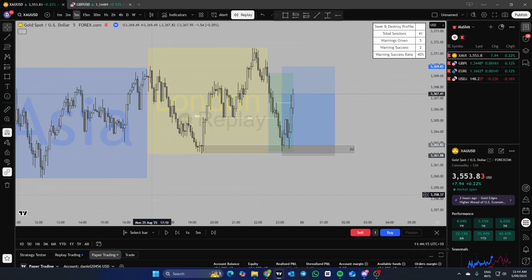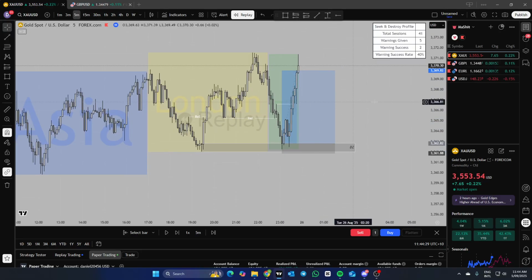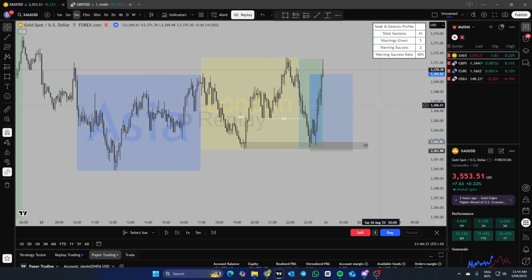And it just ended up playing out really nice. As you can see, boom, and it's just all in our direction. Taps me out here, keeps moving up. Could have targeted the bodies of the highs, but honestly, I think I did target down here. So a little bit lower RR, but regardless. So yeah, move to break even here.